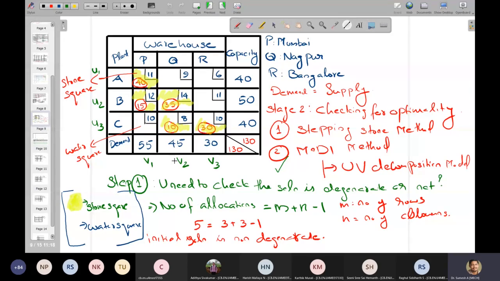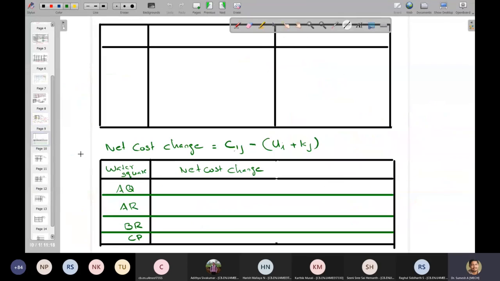Now, how do we calculate these UV values?